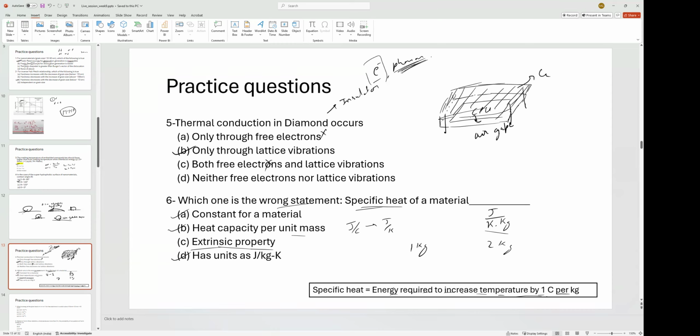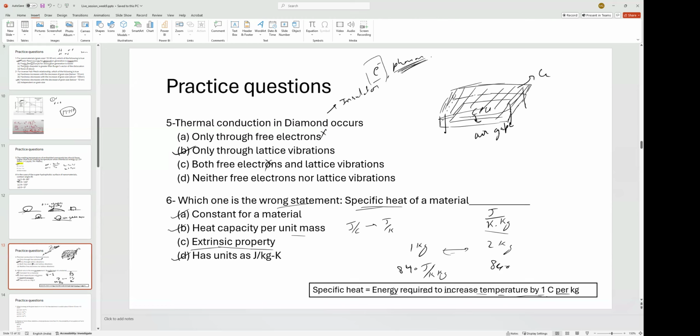Think for ice around 840. I don't remember, 840 maybe, say 840 per Kelvin kg. So that remains the same whether you have 1 kg or 2 kg. So it doesn't depend on the amount of material. So weight, for example, is an extrinsic property.